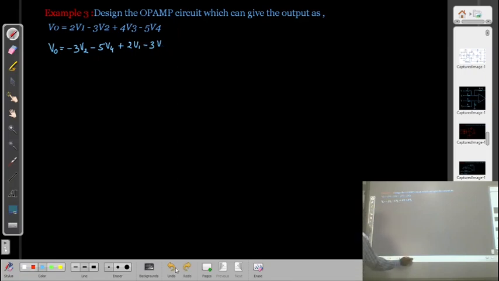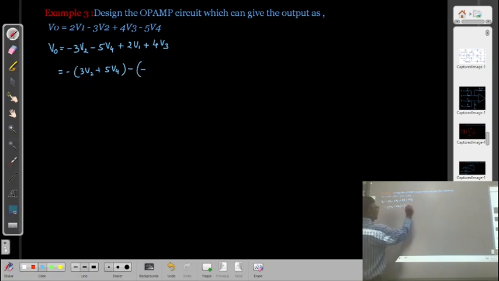Here I am making a mistake. Now, this expression we can write as minus 3V2 plus 5V4, minus, I am taking again minus into 2V1 plus 4V3. Correct?